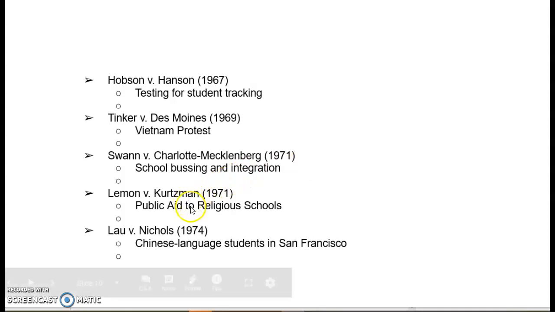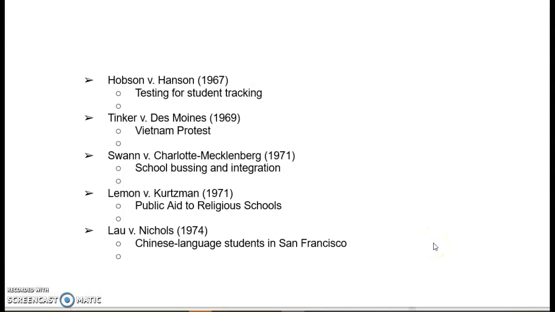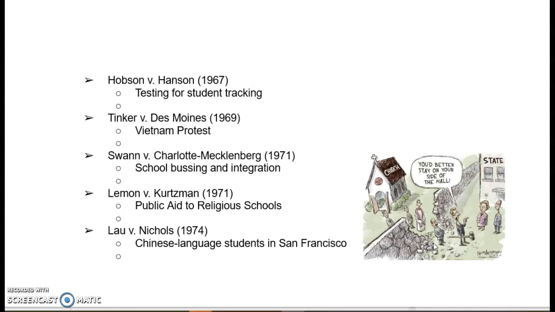Lemon versus Kurtzman is really interesting. The idea is that the federal government sometimes gives money to religious schools, and the Lemon v. Kurtzman decision was about how there needs to be a clear separation between church and state.